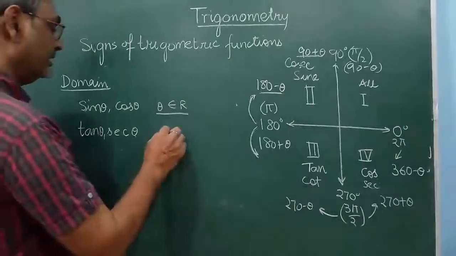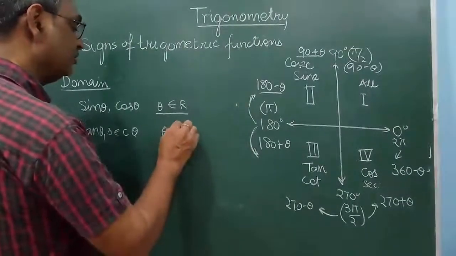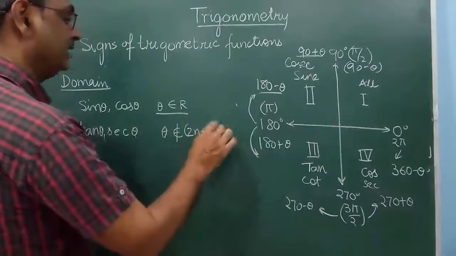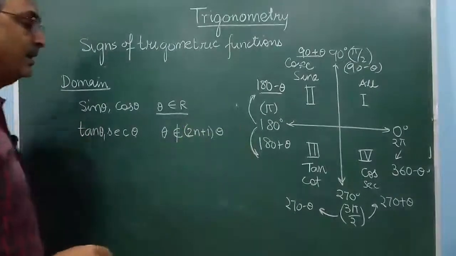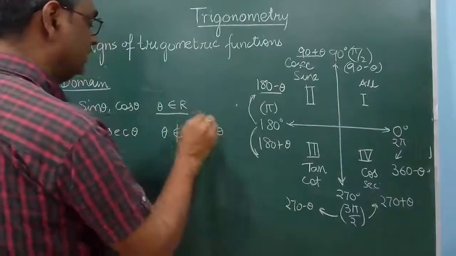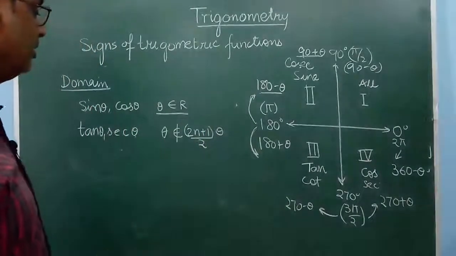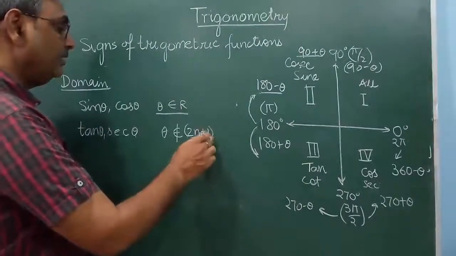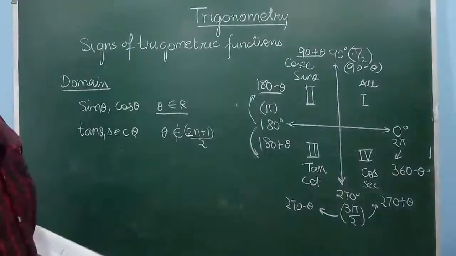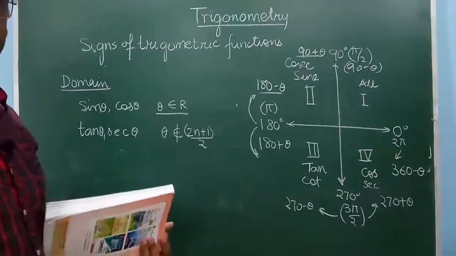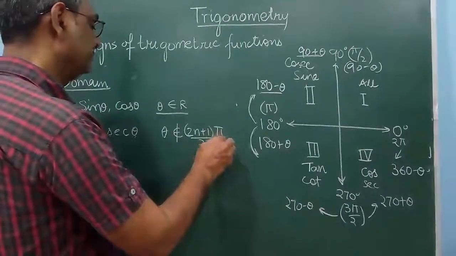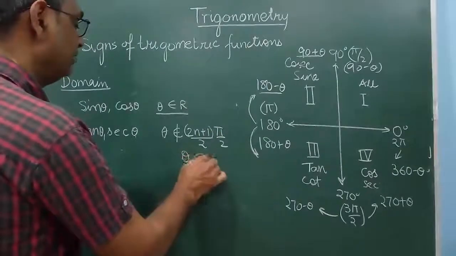So here theta does not belong to (2n plus 1) into pi by 2, meaning odd multiples of the angle, meaning 90, 270, and so on. Theta belongs to R except these.